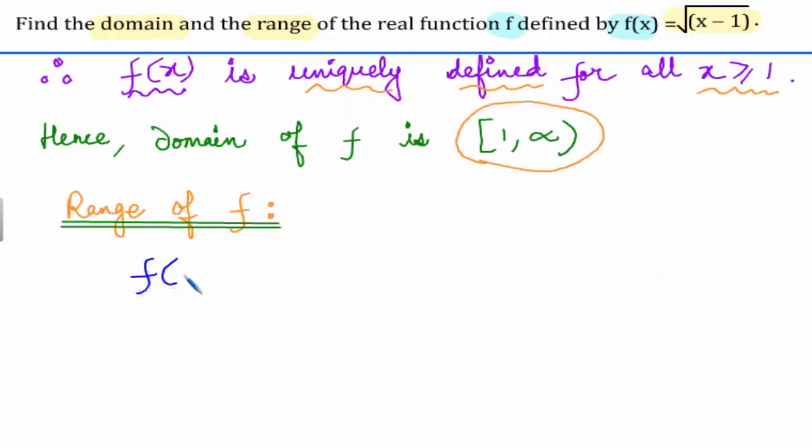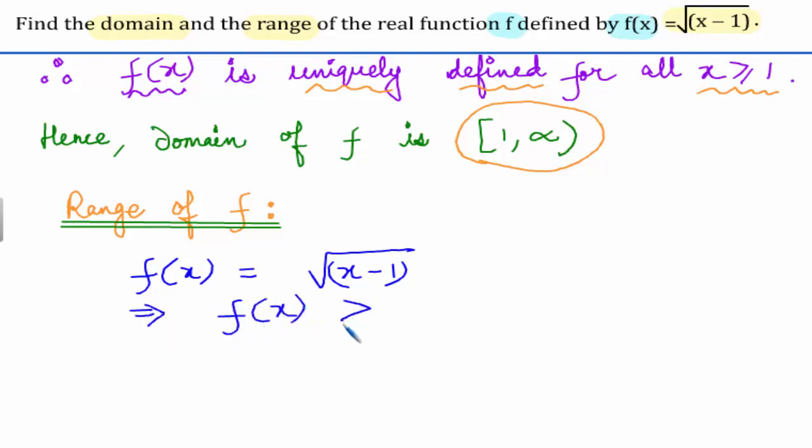Now, f of x is equal to root over of x minus 1. This means that f of x is always greater than or equal to 0, since root over of x minus 1 is always greater than or equal to 0.